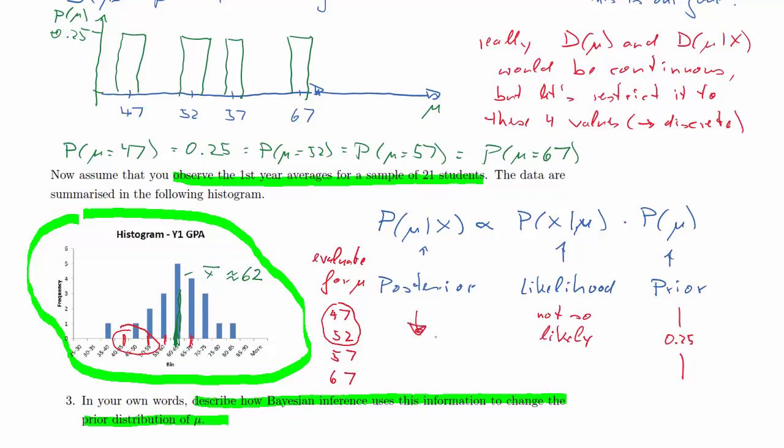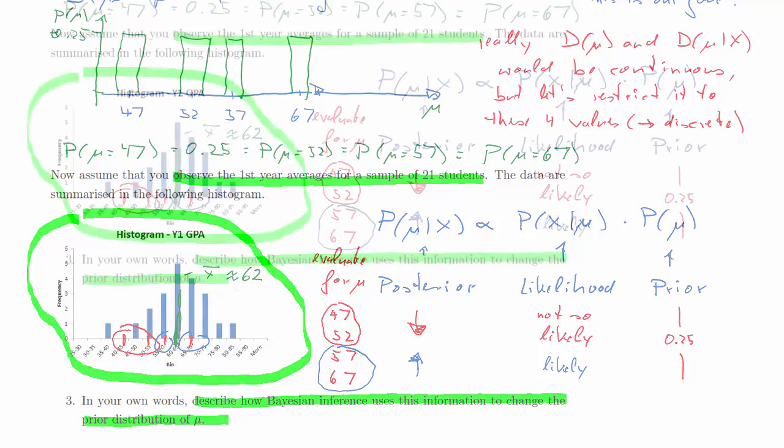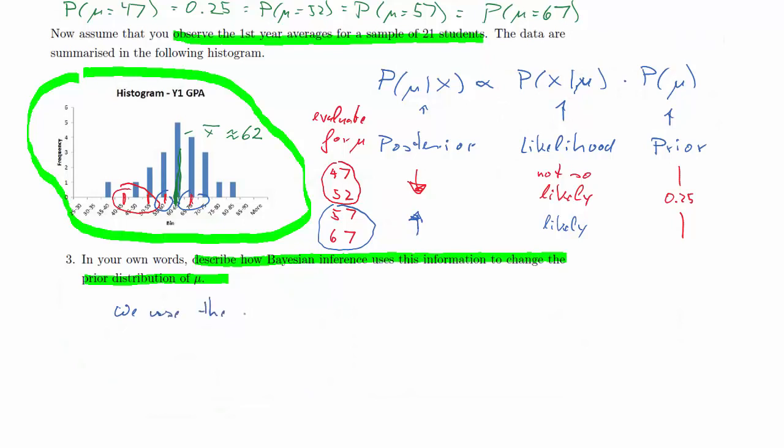So they're not so likely, which means that the posterior distribution will go down relative to the prior. The other two values, 57 and 67, seem to be equally plausible, and therefore we will see that relative to the prior, the posterior distribution will go up for these two values.